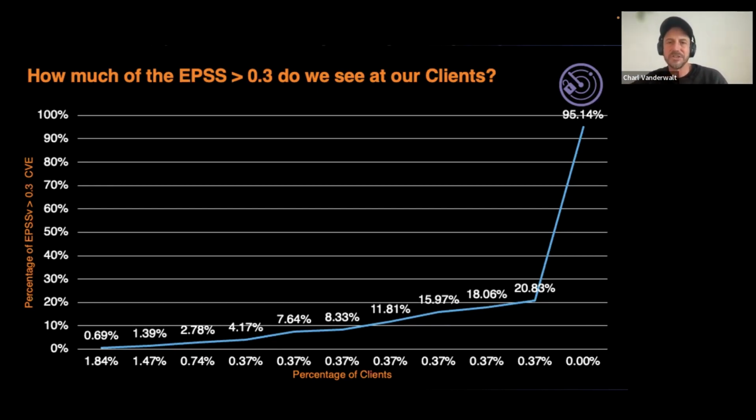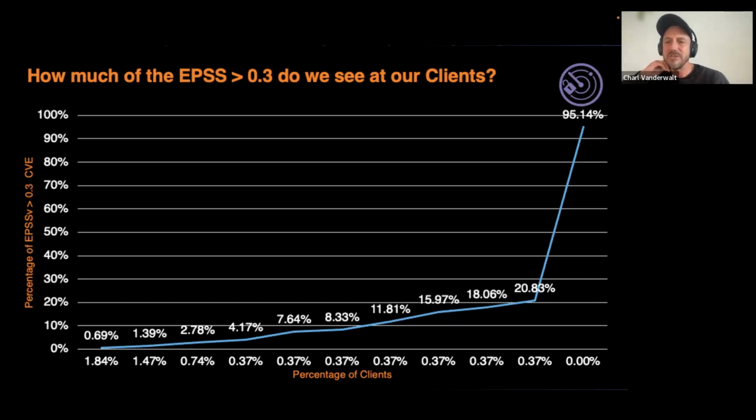Now, of course, the question then becomes, well, what probability concerns us? Are we only concerned about vulnerabilities where it's 100% likely, or is it 70 or 50? That is to Catherine's point about customers being unique. Results are going to vary.